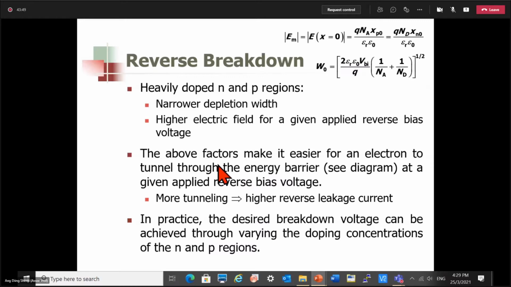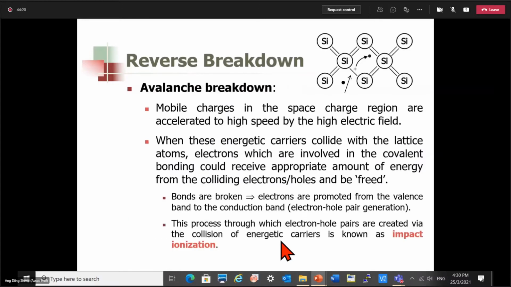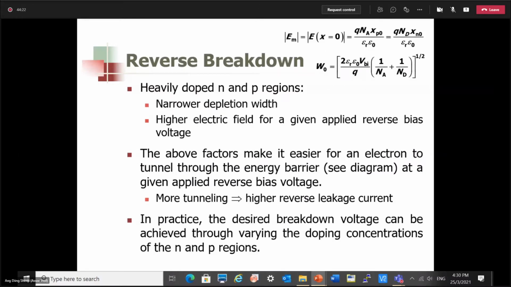So by doping the N and the P side heavily, it would essentially make it easier for an electron to tunnel through the energy barrier. Okay, so when more quantum mechanical tunneling happens, a higher reverse leakage current can be obtained. As mentioned, in practice, the desired breakdown voltage can be adjusted by varying the doping concentration of the P and N region. All right, so that's the concept behind Zener breakdown.